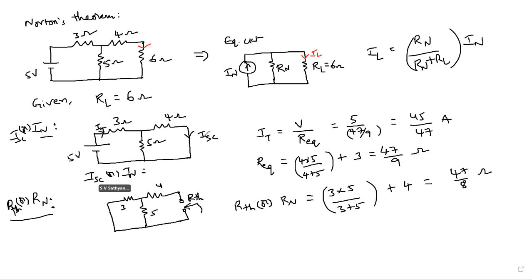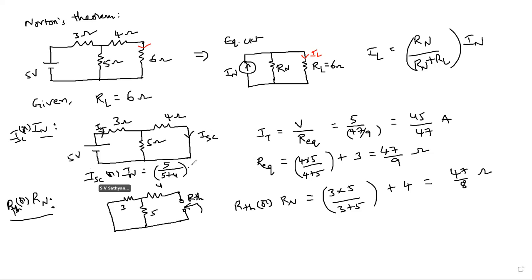So your ISC or IN is simply the current division rule, opposite branch. What is the opposite branch here? 5 by 5 plus 4, multiplied with the total current, how much?